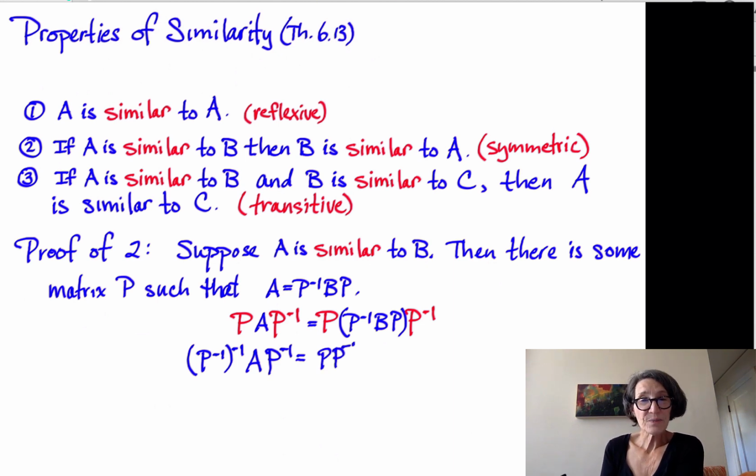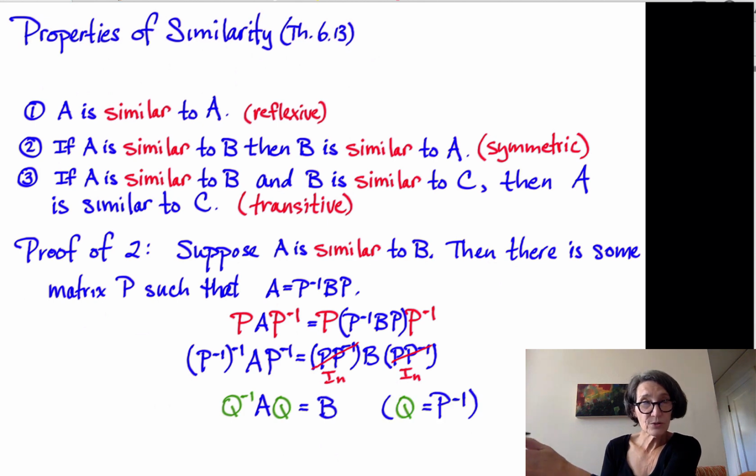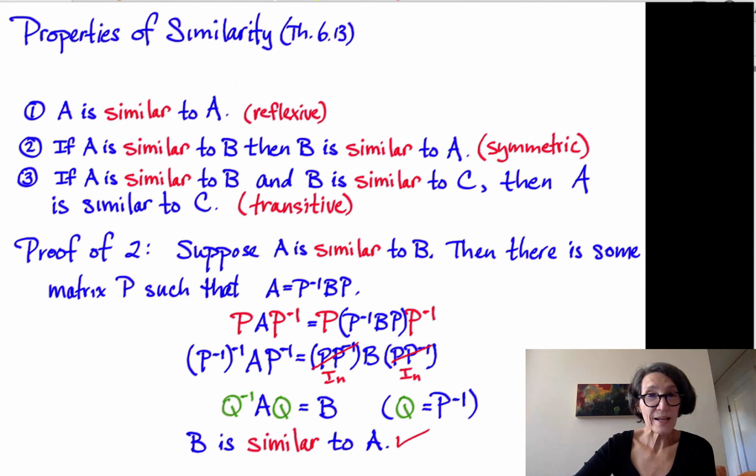On the right, we get P inverse times B times P inverse. And those two products are just the identity matrix. On the left, we have Q inverse AQ, where Q is P inverse. And so this means that B is similar to A.